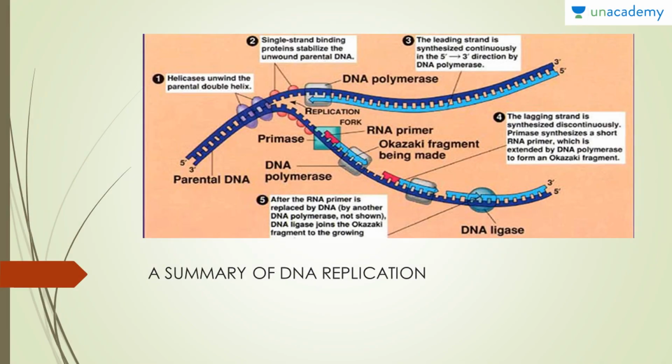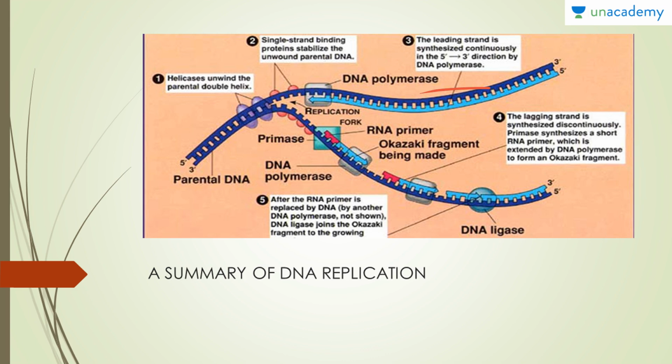So here is the summary of DNA replication, the steps. First is unwinding of the DNA helix by helicase, then keeping the single strands intact by single-stranded binding proteins, then formation of the leading and lagging strands. The leading strand is synthesized continuously in the 5' to 3' direction by DNA polymerase. The lagging strand is synthesized discontinuously.